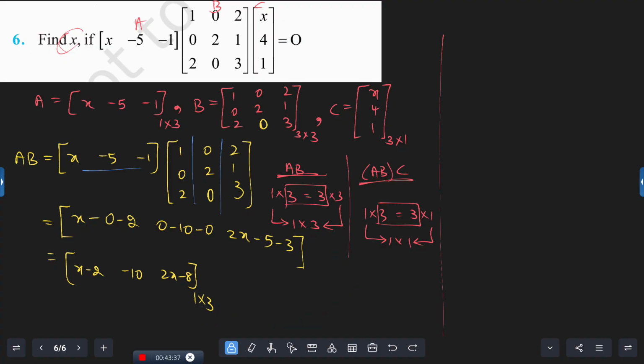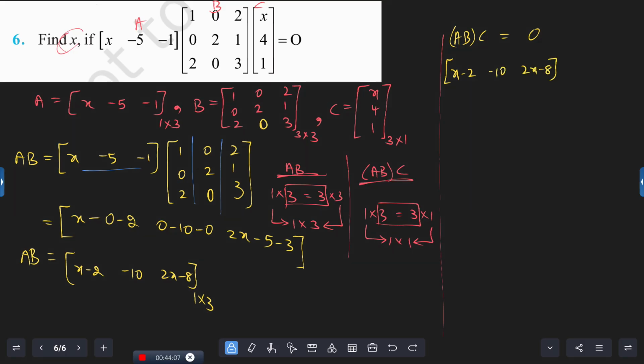Now take that AB product, multiply with C. AB product multiplied with C is equal to the 0 matrix. The AB product is x minus 2, minus 10, and 2x minus 8.